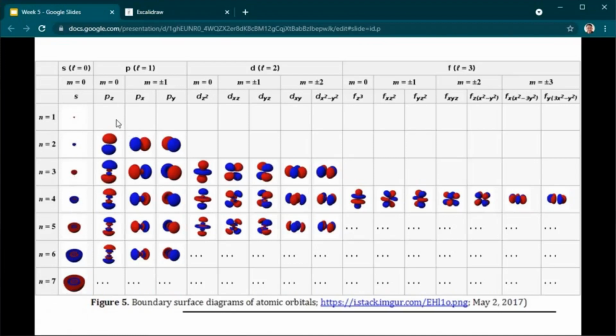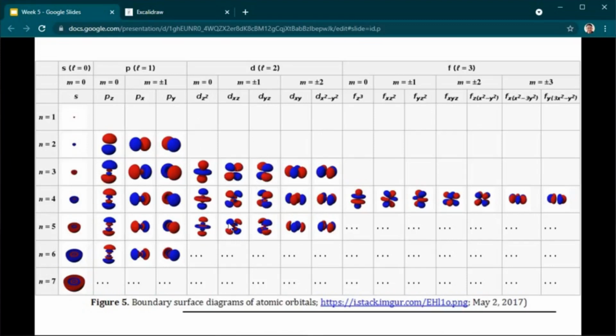For p, the shape is this one. Dipole. Was it dipole? I think the term earlier was dipole. Okay. So p sub z, p sub x. These are all p, but the orientation are different from each other. Okay. Then for d, it is shaped like a four-leaf clover.